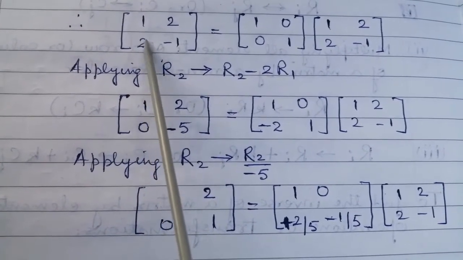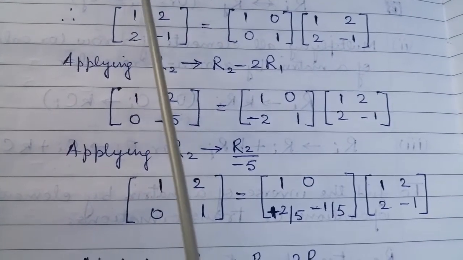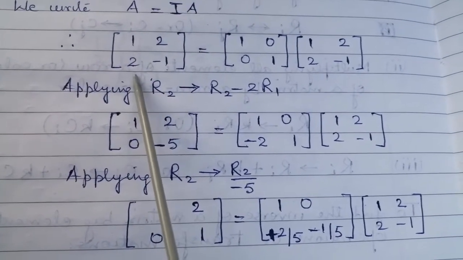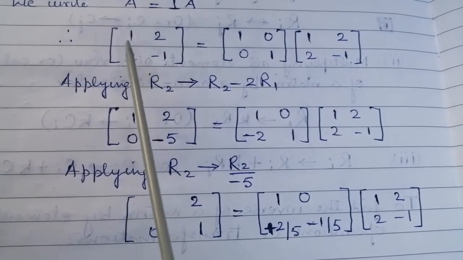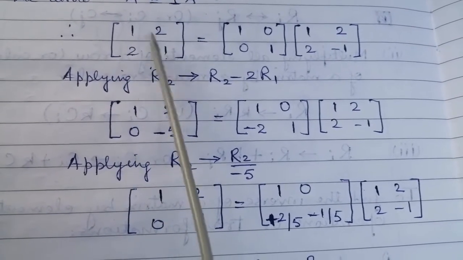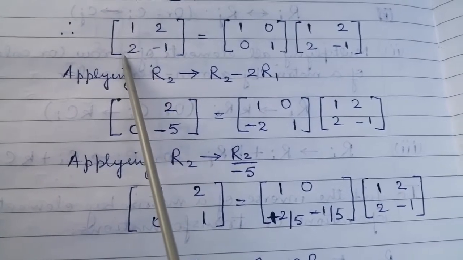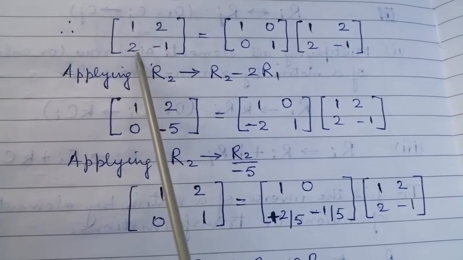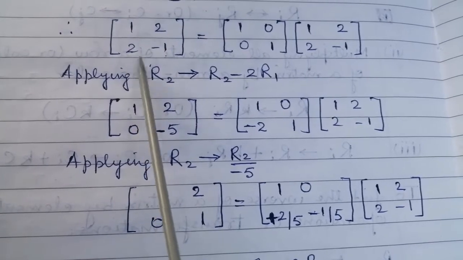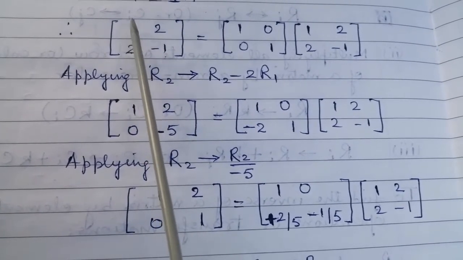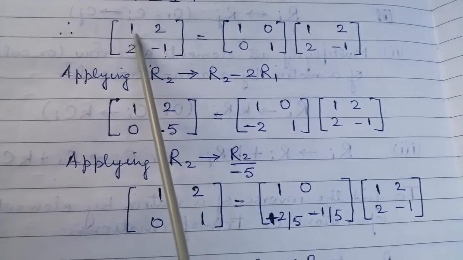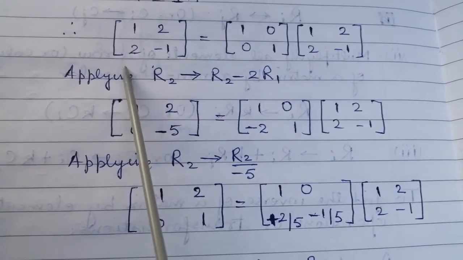So how do we get 0 here? If I subtract 2 from 2, 2 minus 2 will be 0, right? So if I multiply the first row by 2 and then subtract from the second row, then 2 minus 2 will be 0 here, right? We need to proceed stepwise. I start again. First of all, this element should be 1. It is already 1, so then we make this element 0.